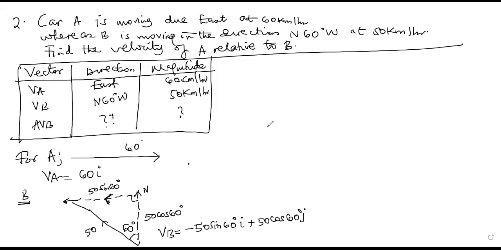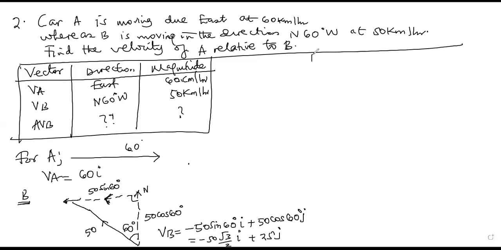And looking at this, sine 60 is √3/2. So this is negative 50 times √3/2 i, plus cos 60 is a half times 50, that is 25 j.